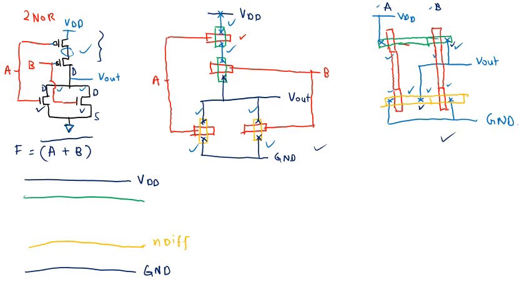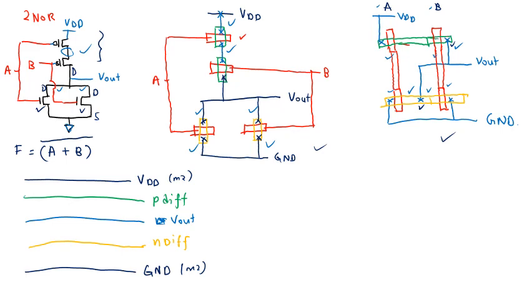Sorry, my handwriting. P diffusion, and then usually the output is metal 1. Sorry, this is V out, and this VDD and ground usually metal 2. Remember our lecture last week, the higher the metal is, we connect it to the VDD and ground, right?